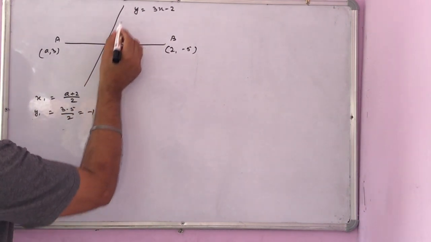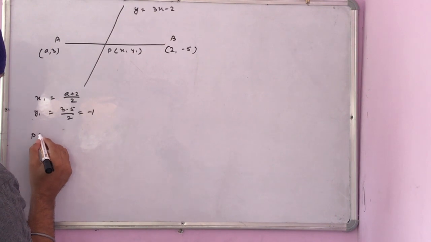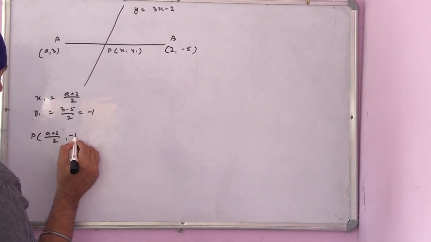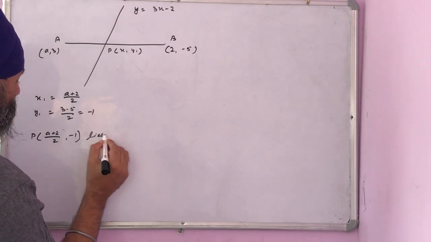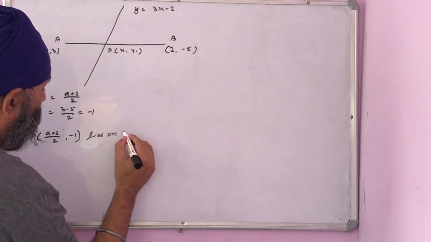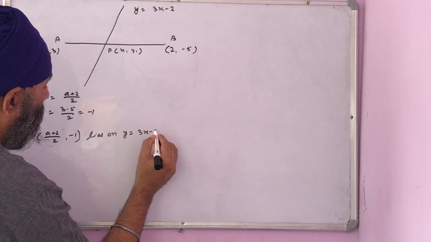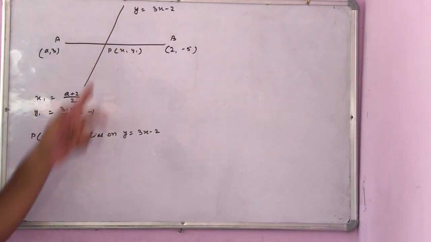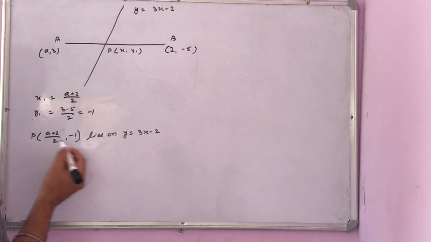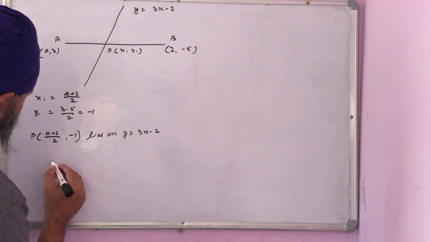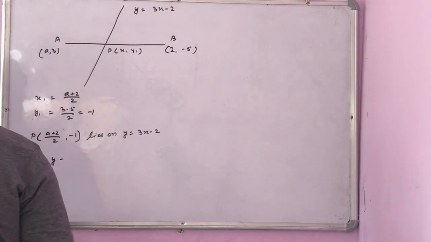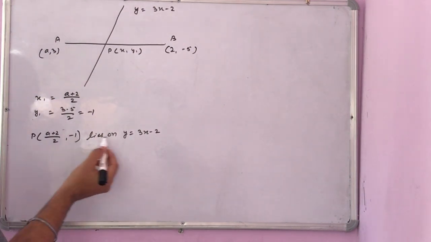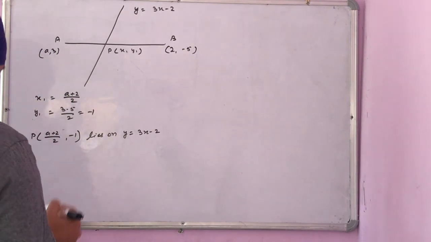So this P, (a plus 2 upon 2, minus 1), lies on y is equal to 3x minus 2. This point P lies on this line. So in place of x I write a plus 2 by 2, and in place of y I write minus 1.